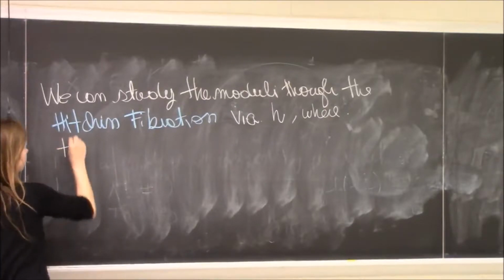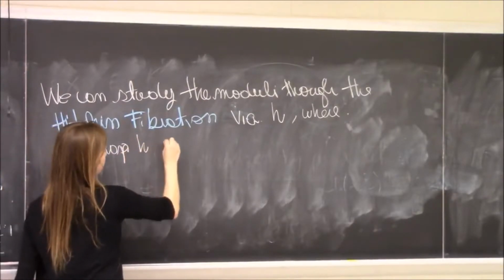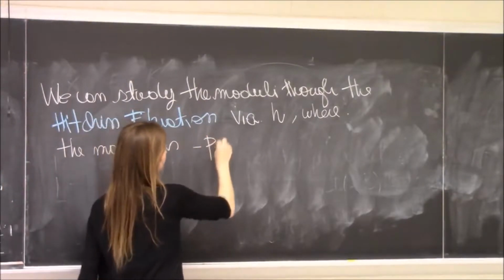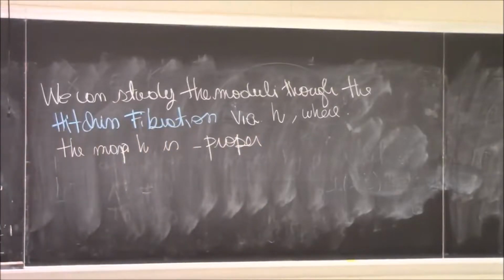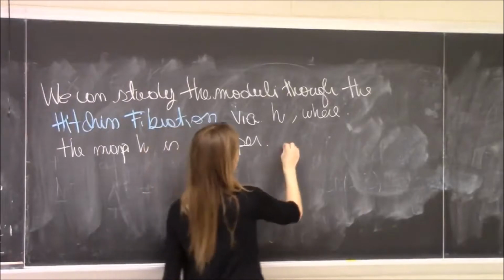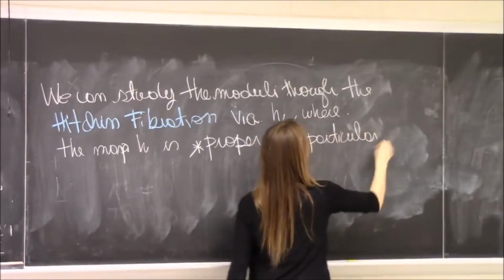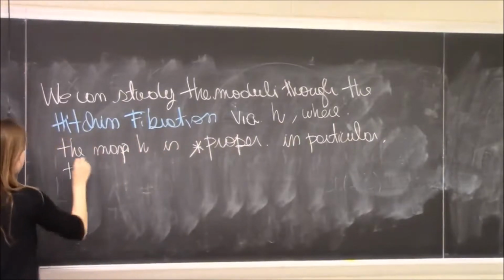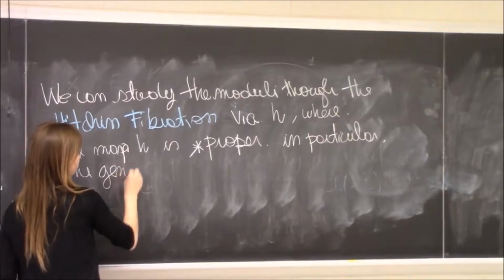The map H is proper, which means that the inverse image of a compact space will be compact. So your fibres will be compact, and in particular, the generic fibres are compact abelian varieties.